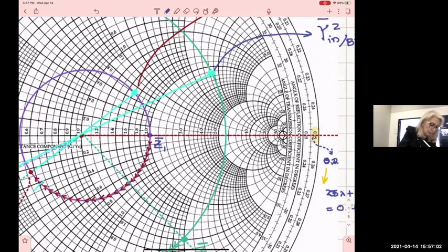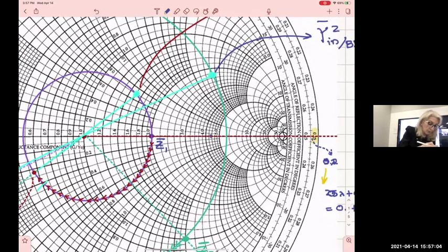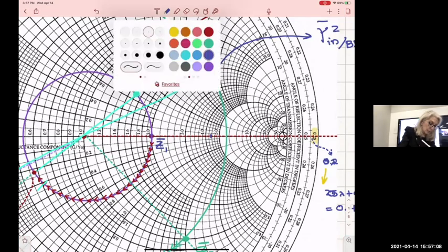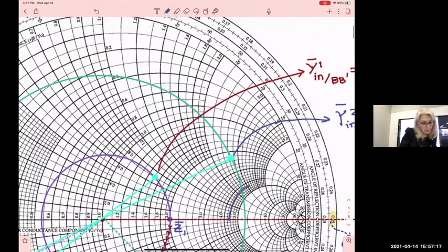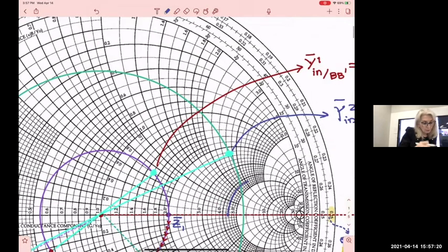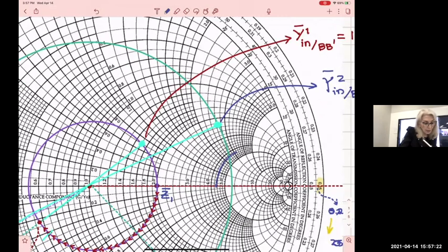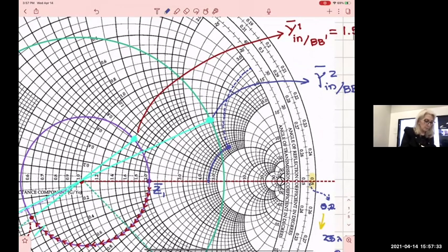So the real part is here, all right? And where is the imaginary part? Okay, so that is going to go somewhere like that. And 3.3 is somewhere here. So it's going to go like this. So that point here, that's my YT.